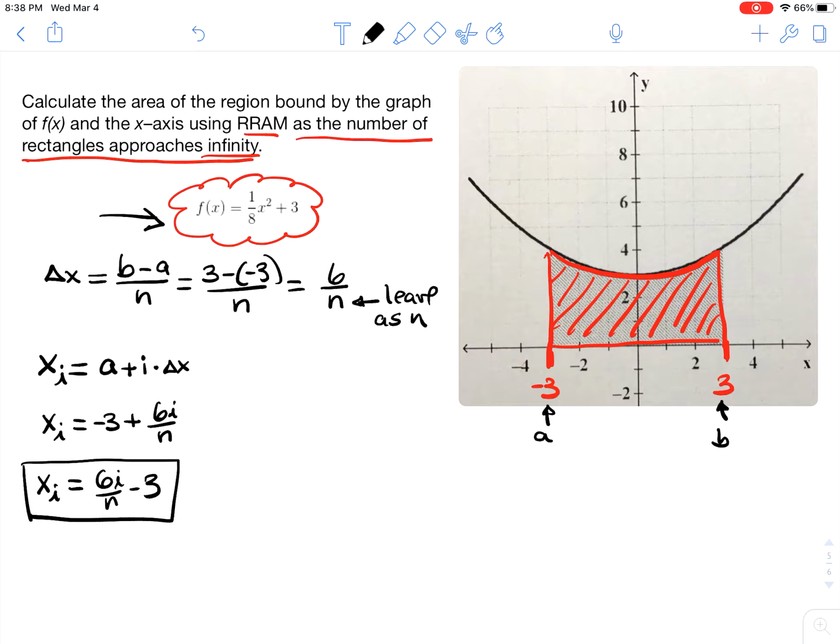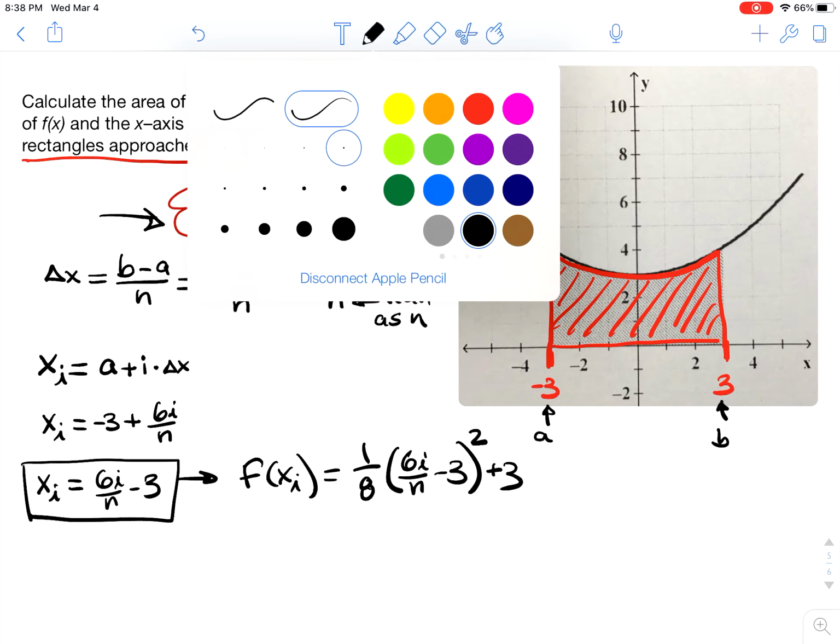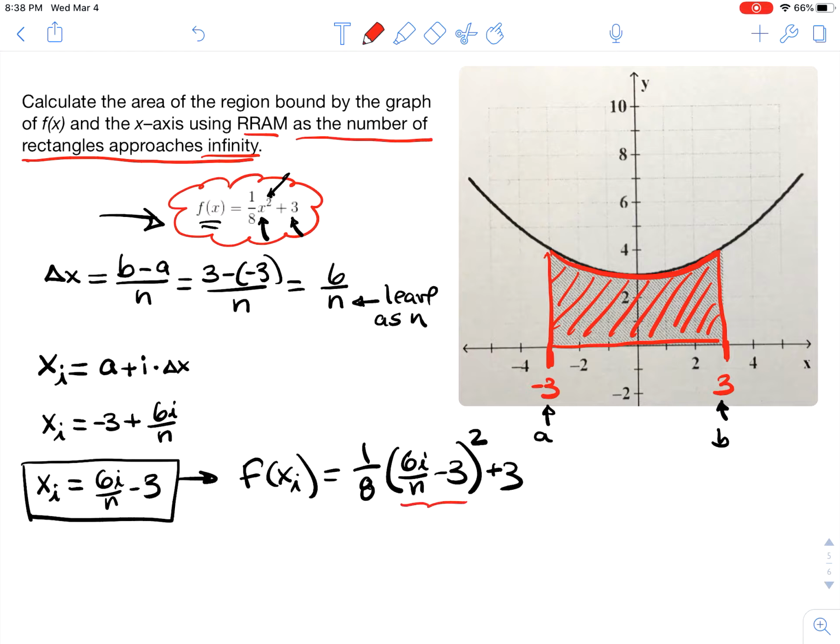And now we have to plug that x sub i into our function f of x. So now we have f of x sub i, which is 1/8, times, we're going to replace the x variable with 6i over n minus 3, close the parentheses. Since x is squared, we're going to square this, and then we have the plus 3 that follows. Now we would like to FOIL this.